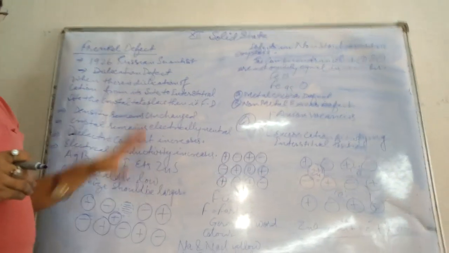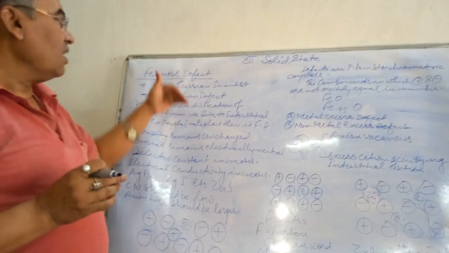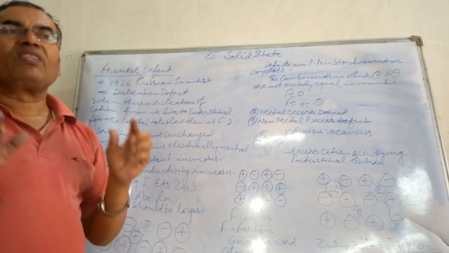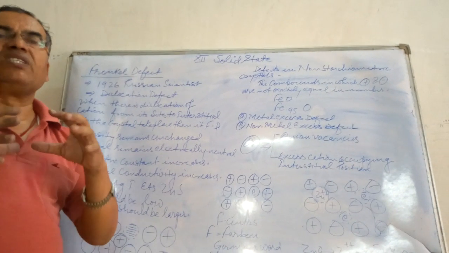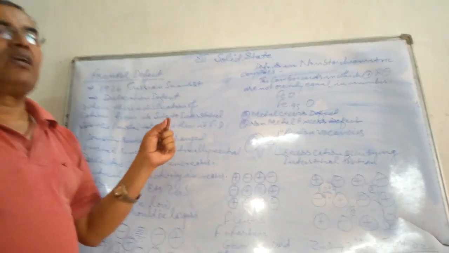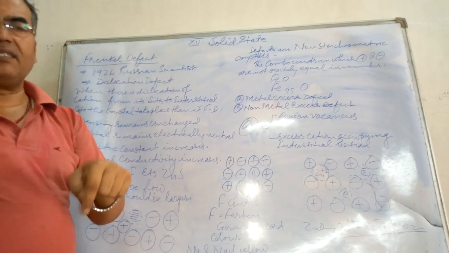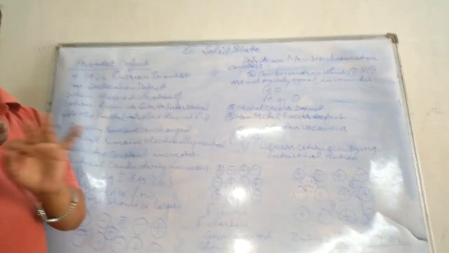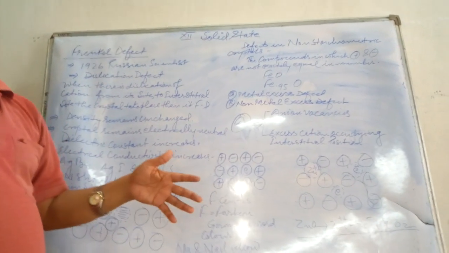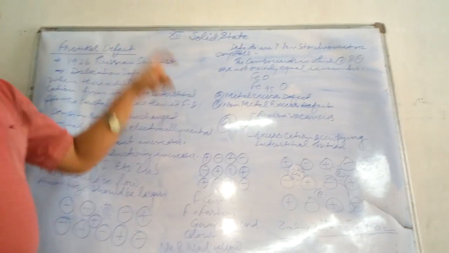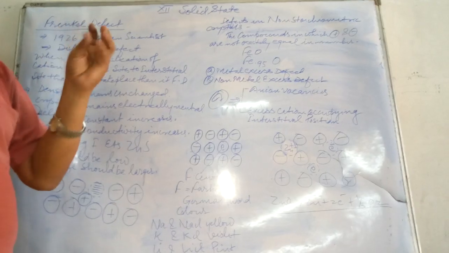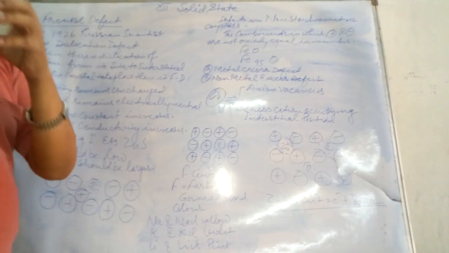Children, is it clear? Once again, this is Frenkel defect. What were the features of Schottky defect? In Schottky defect, there was a missing of equal numbers of cations and anions, the crystal density decreases, the dielectric constant is unchanged, and the crystal remains electrically neutral. But Schottky defect was in crystals having almost the same size of cation and anion.